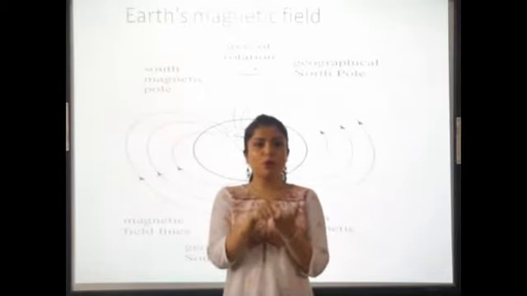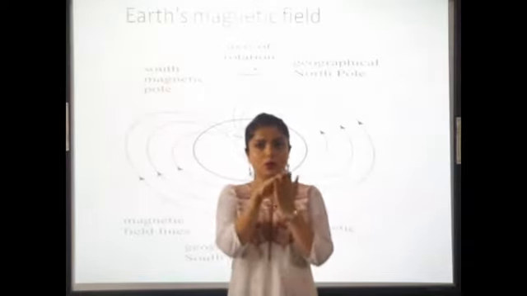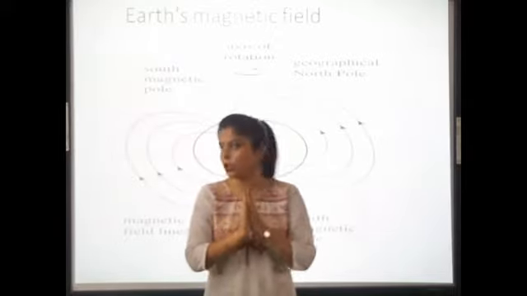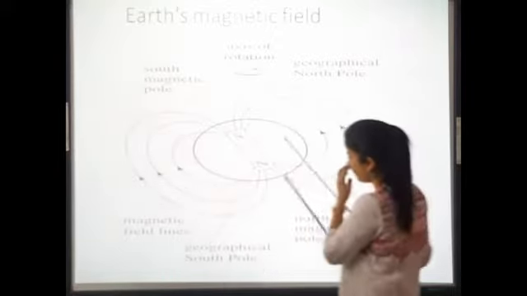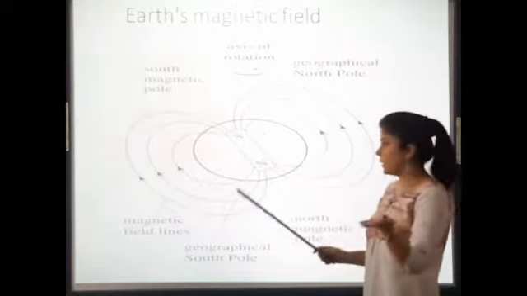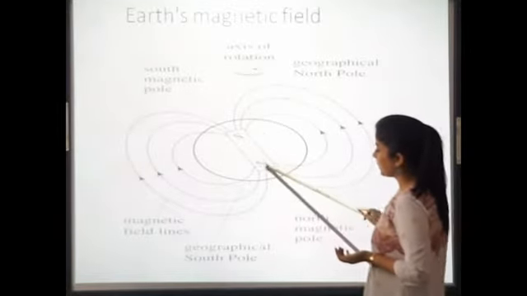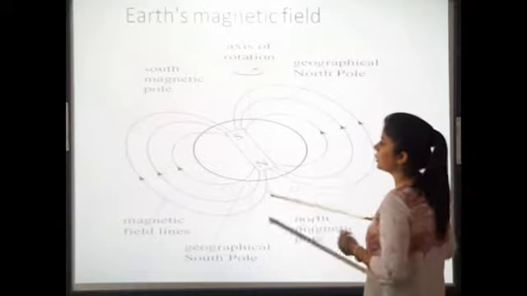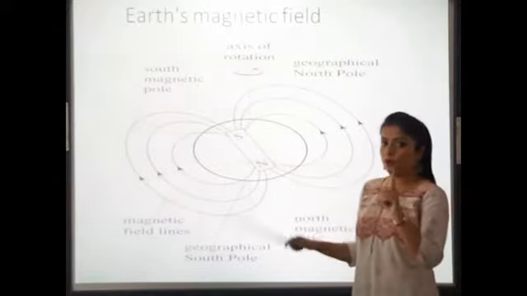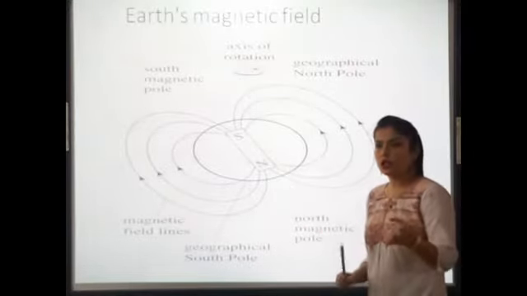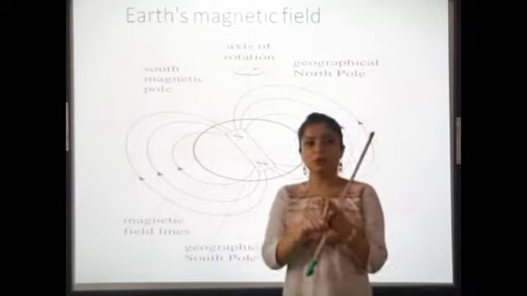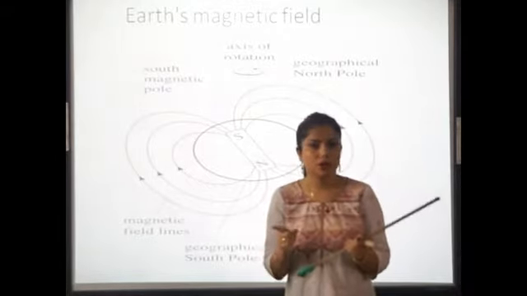So, the tip will point towards the North pole of the geographic Earth. Over here, if you place a compass, the tip of the compass actually points towards the North pole of the Earth. But actually, North pole and North pole will repel each other.